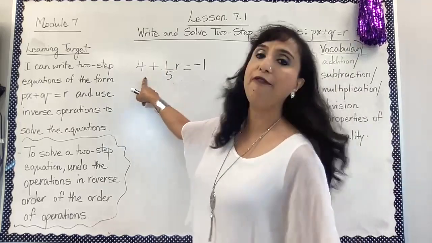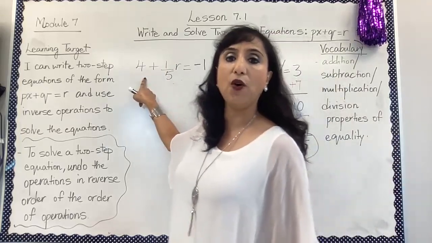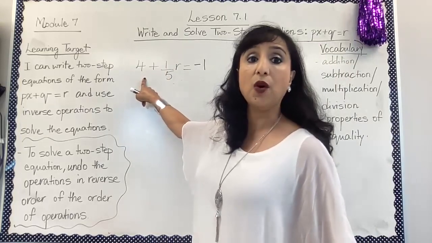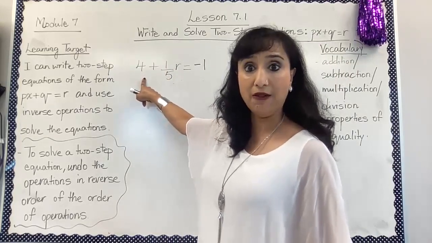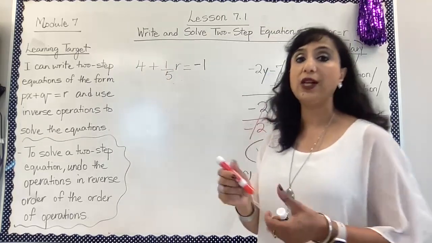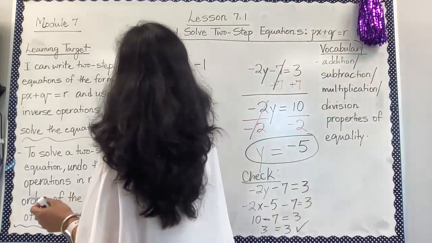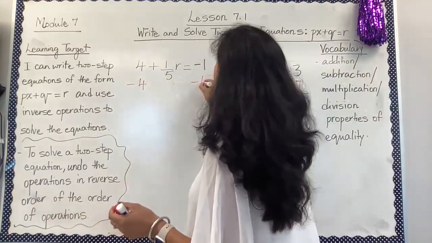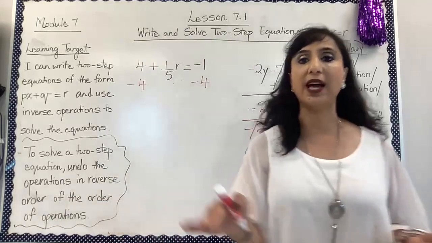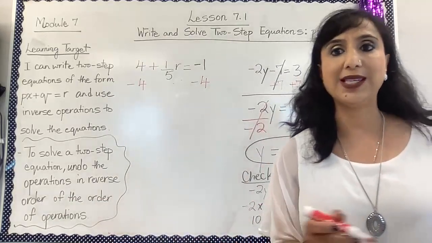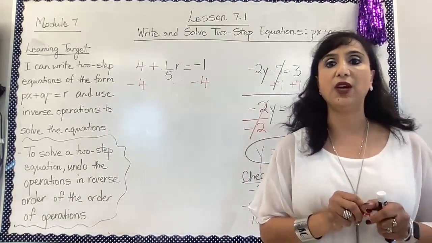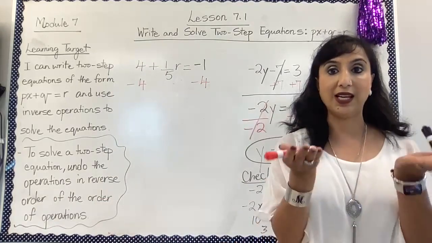So now, since we have 4, the inverse of 4 is minus 4. So we are going to use the subtraction property of equality, and we are going to subtract 4 from both sides: minus 4, minus 4. Because whatever I do on one side of the equation, I've got to do exactly the same thing on the other side to keep it balanced, because it's an equation.